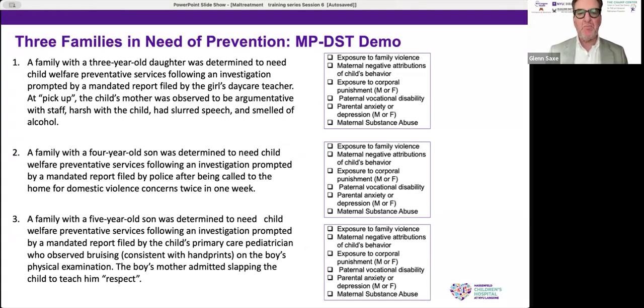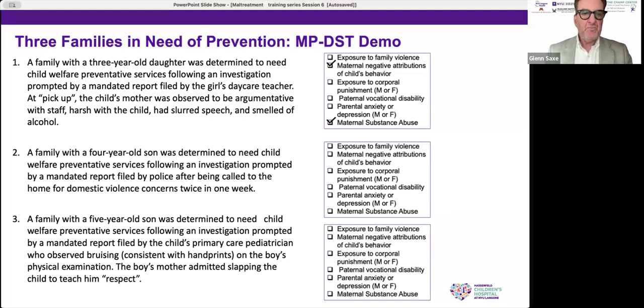At pickup, the child's mother was observed to be argumentative with staff, harsh with the child, had slurred speech, and smelled of alcohol. So let's say this tool was used and it identified maternal substance abuse or alcohol abuse. And let's say in the assessment, you also picked up maternal negative attributions of the child's behavior. And then that would give us the output that I was talking about.